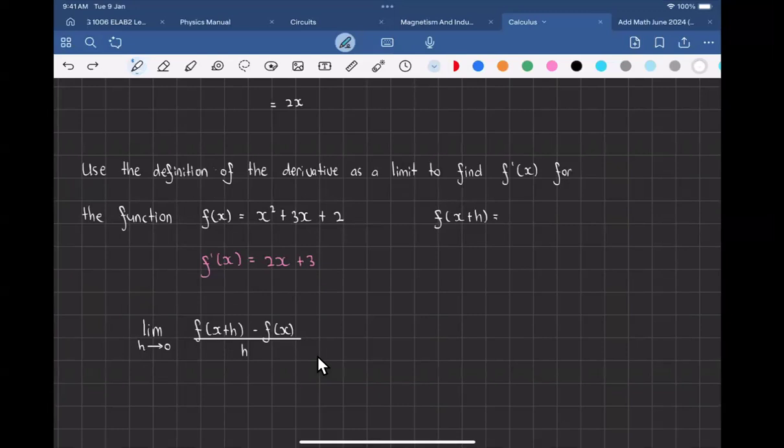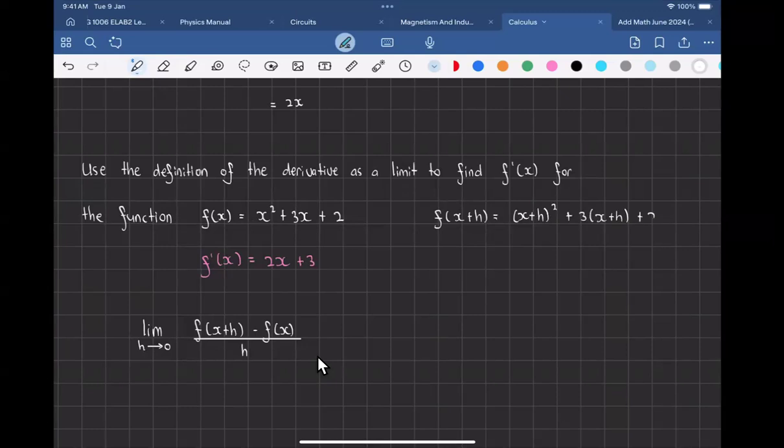So we need to find f of x plus h. How are we going to find it? Anywhere you see x, you replace it with x plus h. So it could be x plus h, squared, in brackets, plus 3 into x plus h, plus 2.